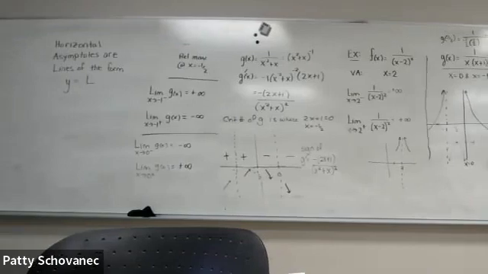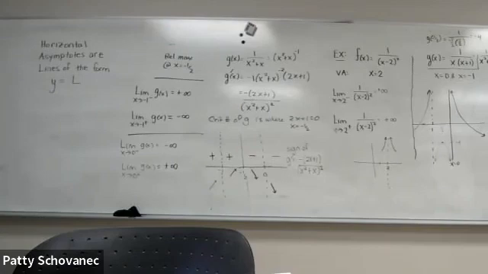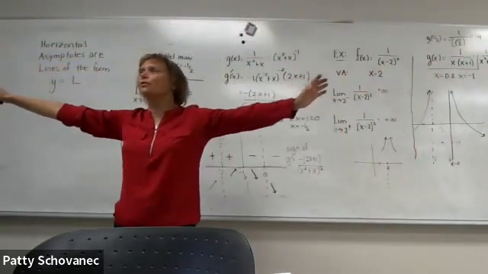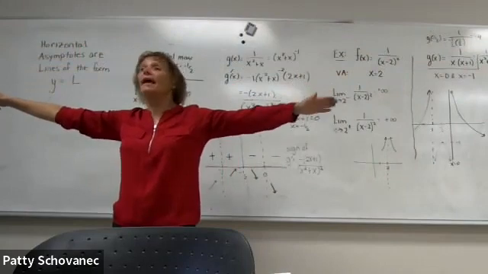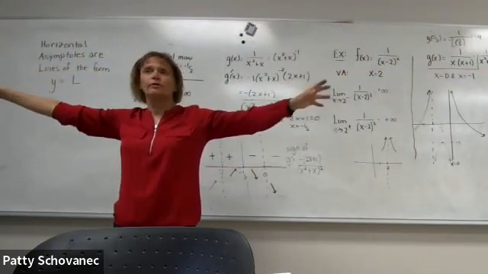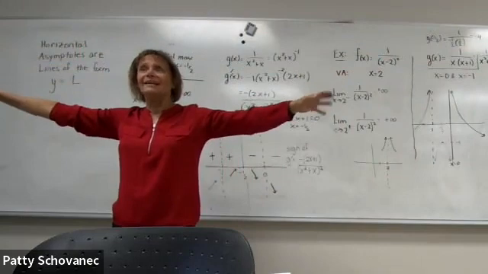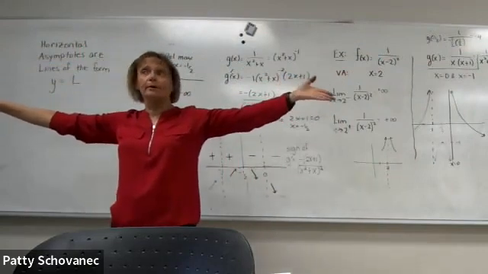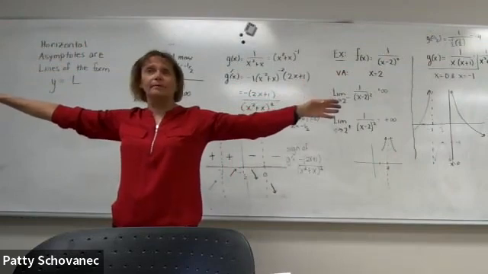Hey, look at that, I got it. Here's a horizontal line. Horizontal asymptotes mean the graphs at the very ends will approach that horizontal line. It describes the behavior of the function when x is a really big number or when x is a big negative number.